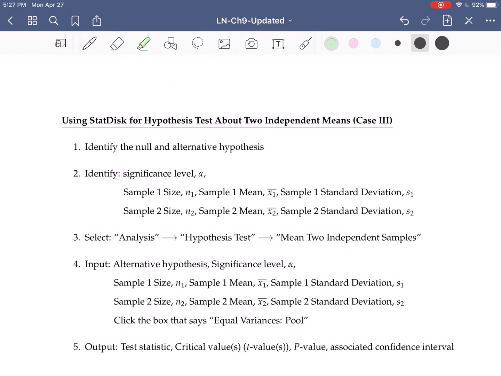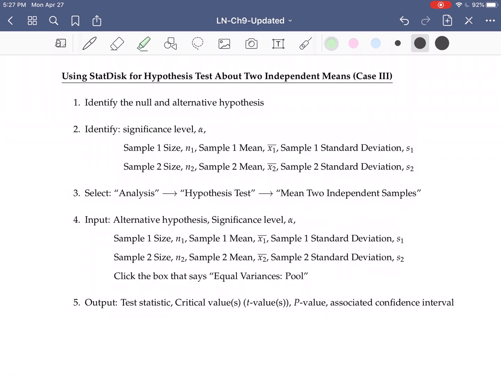When we go to StatDisk, the process is, again, similar to what we've done in the last two cases. We're choosing mean, two independent samples, but the information that we enter will be subtly different. In particular, this parallels exactly case 1, except we're going to have one extra step.